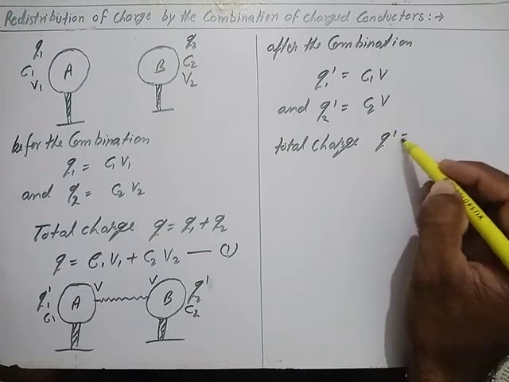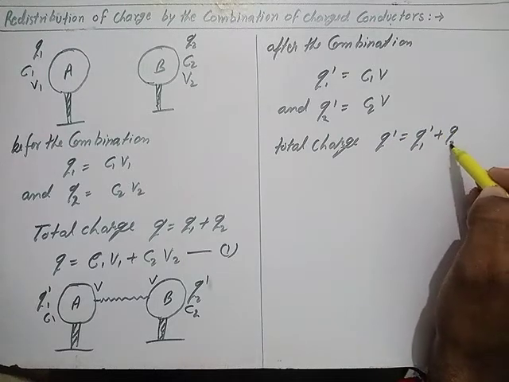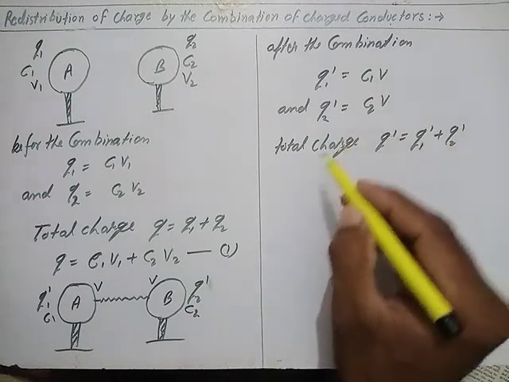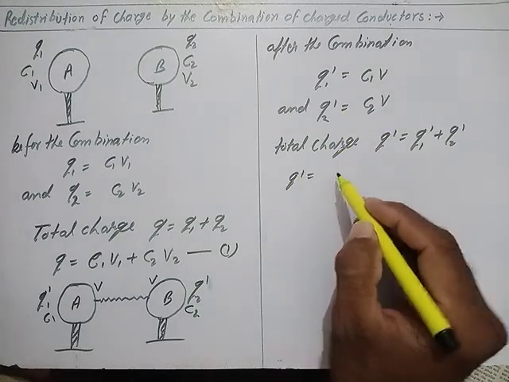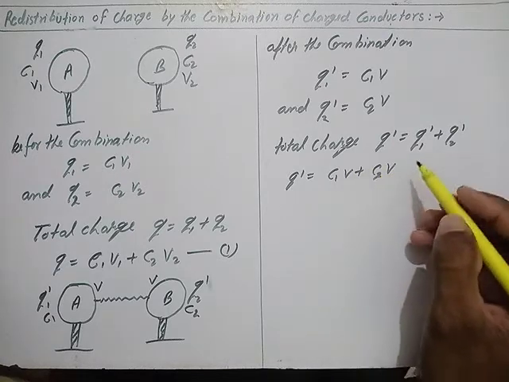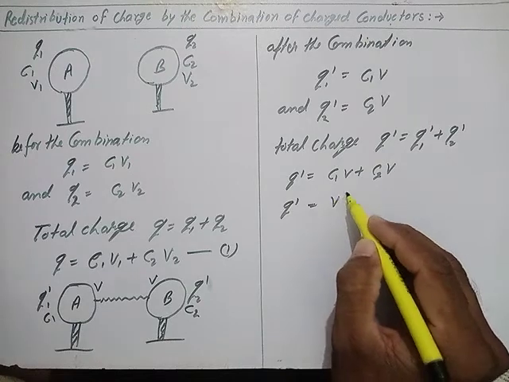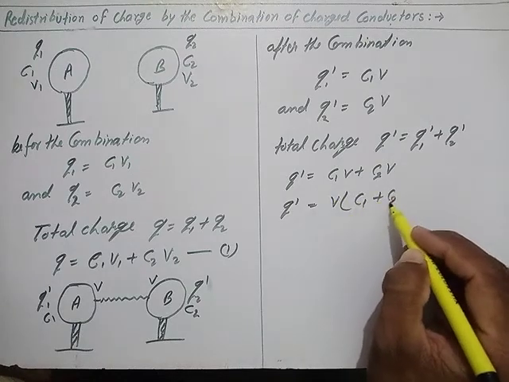It will be Q dash, which is Q1 dash plus Q2 dash. So Q dash is C1 V plus C2 V. V is common here, so Q dash is equal to V times C1 plus C2.